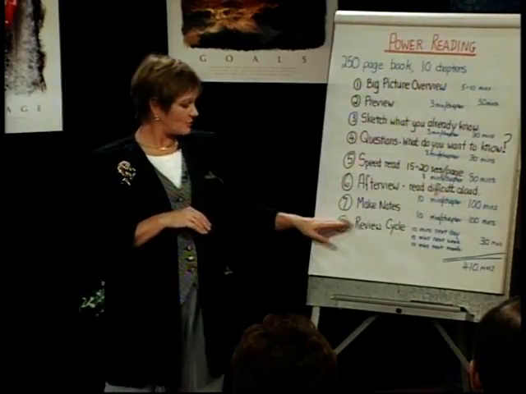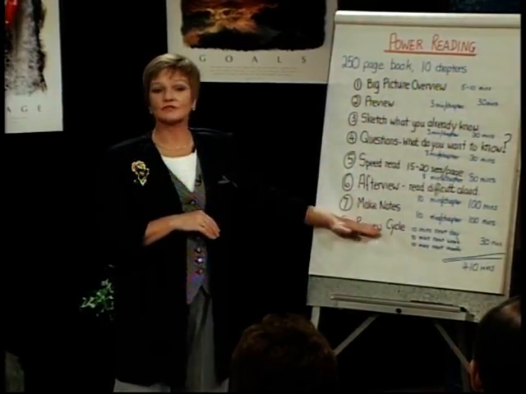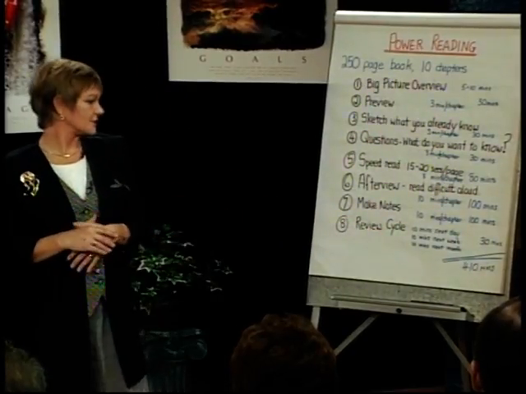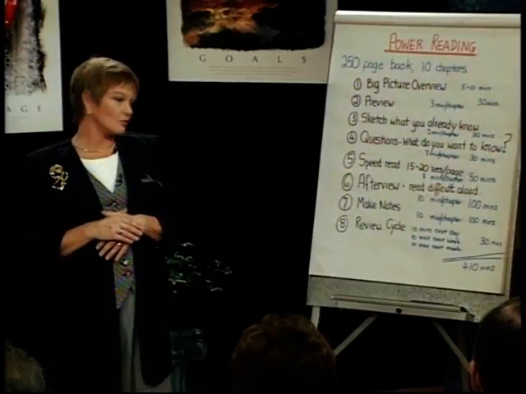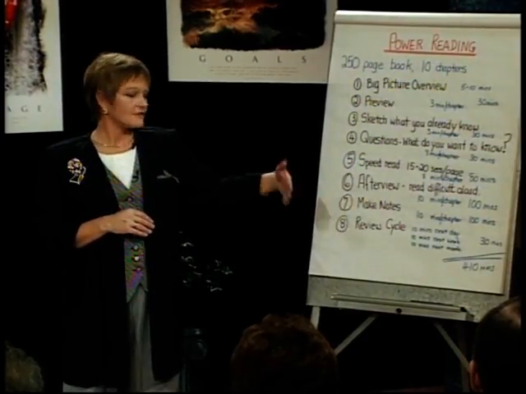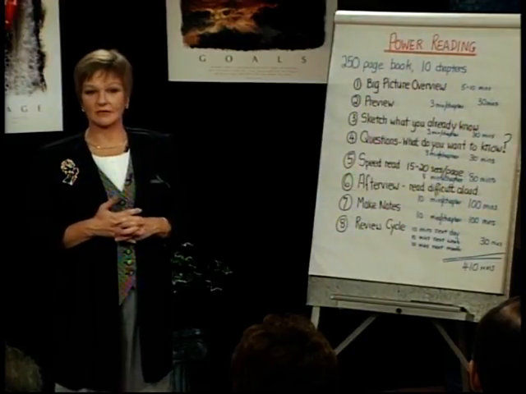And then probably the most important thing when you're learning is a review cycle. What's the point of doing all this if you can't remember what you've actually read or learned? For a review cycle, we would recommend that you look at these notes for 10 minutes the next day, for 10 minutes the next week, and for 10 minutes the next month.